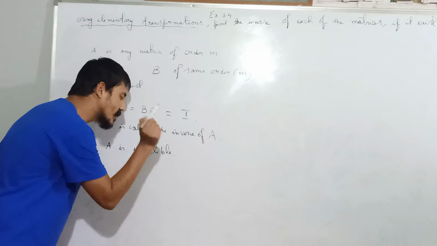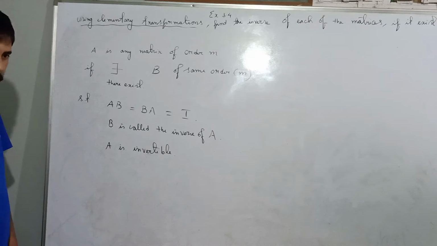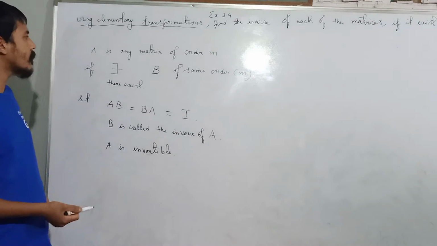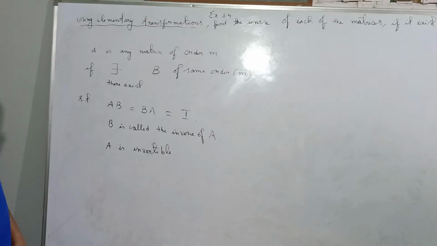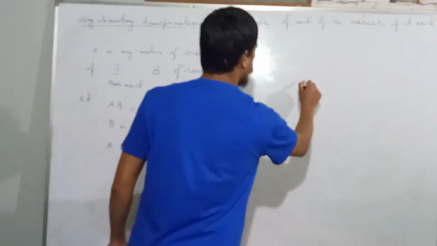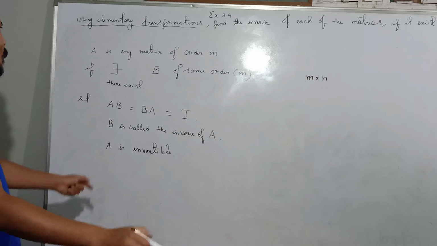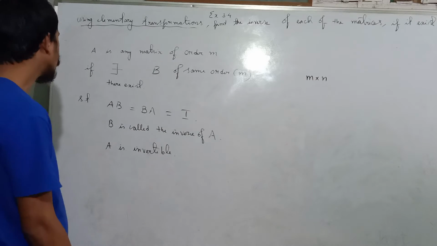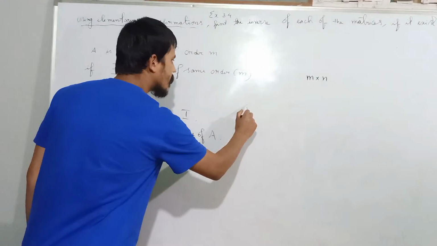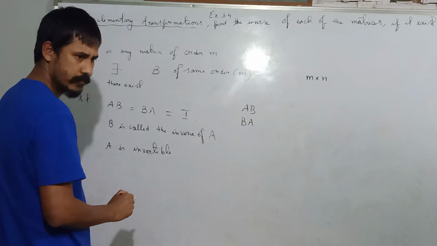It means A inverse exists. But if A is a rectangular matrix, if the order of A is M cross N type, then inverse does not exist. Because for a rectangular matrix, A times B or B times A may not be defined.